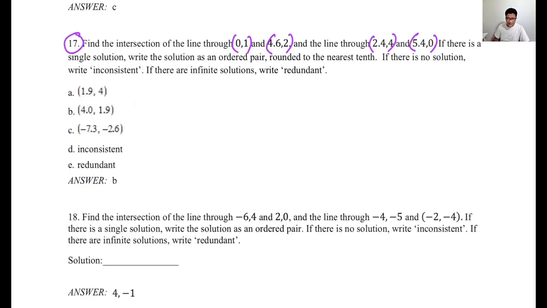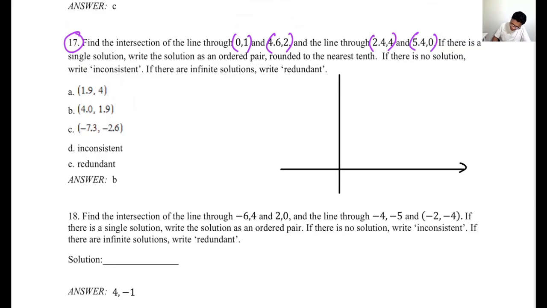In this question, you are given two lines, passing through those points. It looks like they are all in the first quadrant, so I'll draw it this way. 0, 1, let's say here.